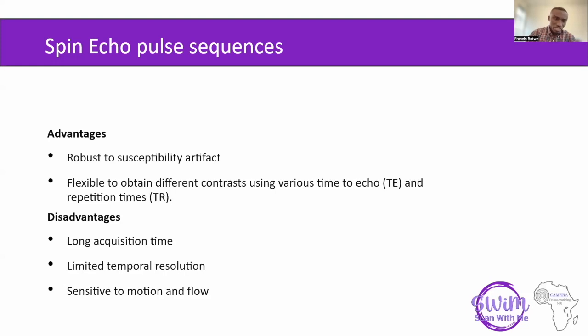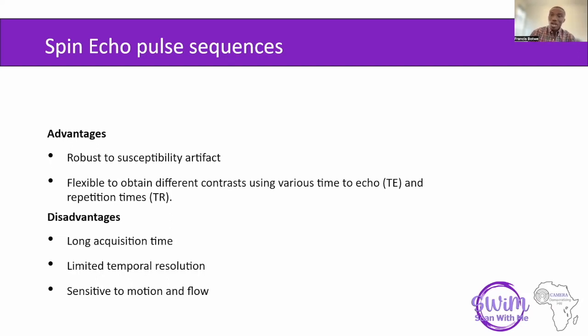Some of the disadvantages are it has long acquisition time, especially the conventional spin echoes, and it has a limited temporal resolution. The temporal resolution is the number of times you acquire the images, and it's sensitive to motion and flow.